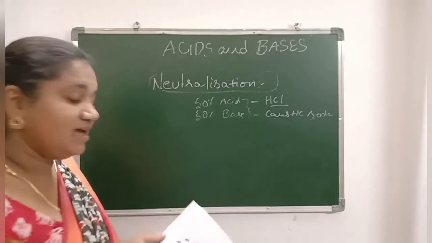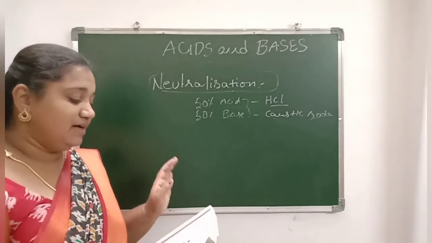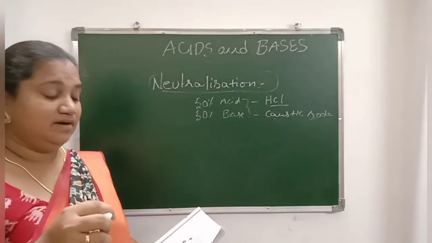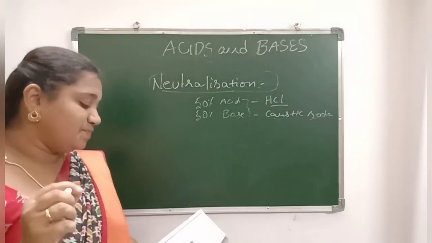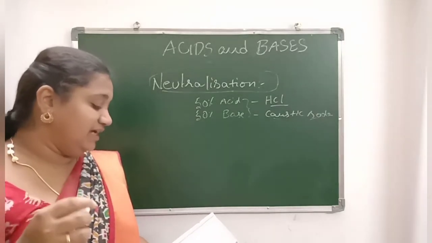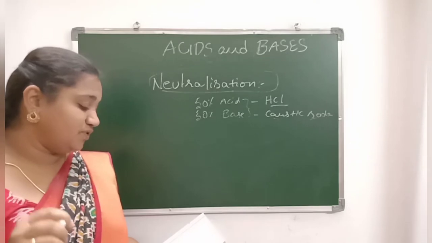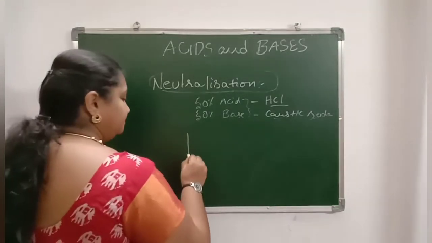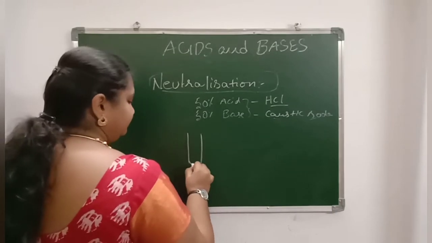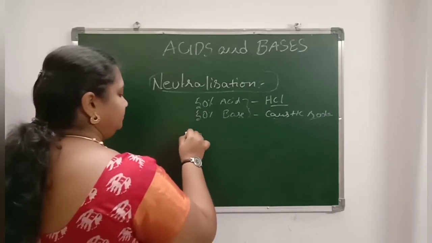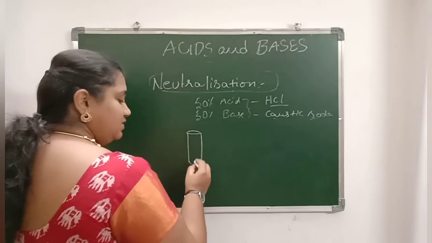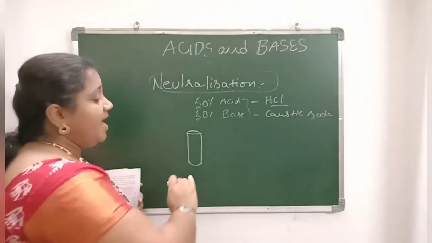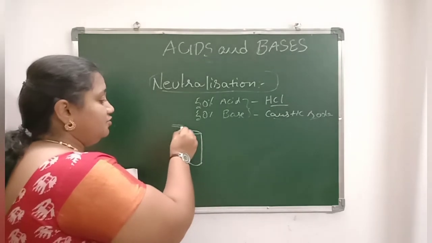Take a clean test tube and, using a clean dropper, carefully put 10 drops of hydrochloric acid in it, and also add 2 drops of phenolphthalein indicator solution. So here he is asking you to take a test tube, which should be clean, and a dropper.